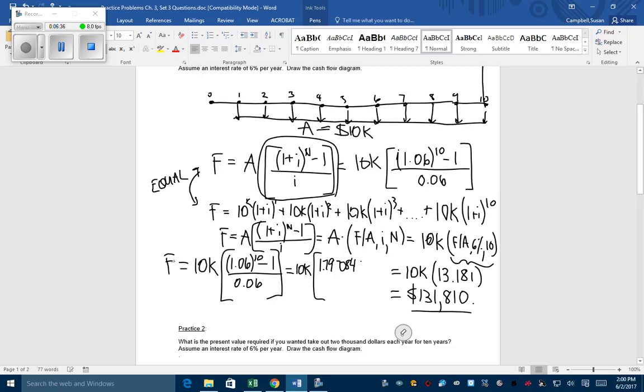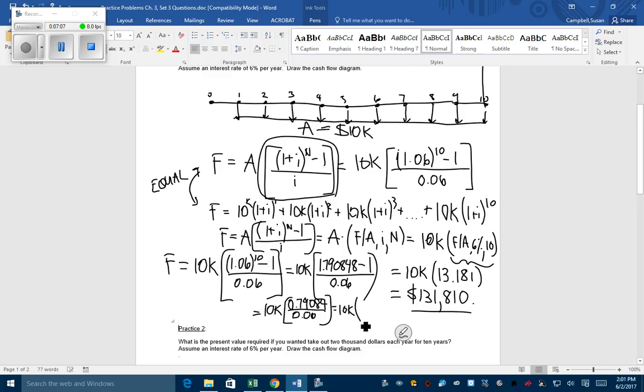Sorry, let me rewrite that. It's a disaster. 1.790848 minus 1, over 0.06. I'll come back down here: 10,000 multiplied by 0.790848, because we subtracted 1, and that's going to be divided by 0.06.